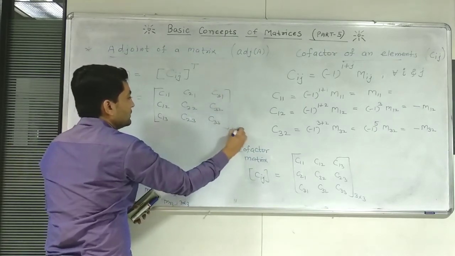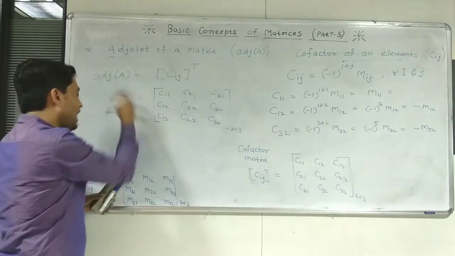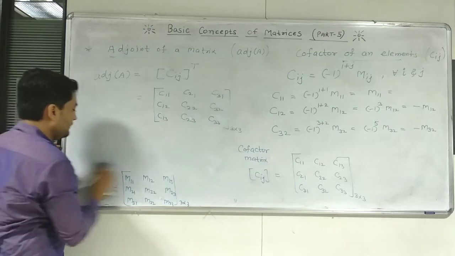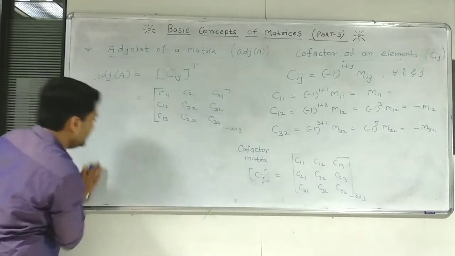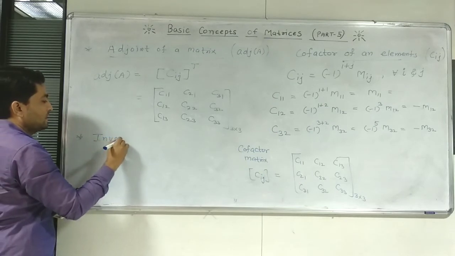That is called the adjoint of A. After finding the adjoint of A, we finally find A inverse, that is called the inverse of a matrix.